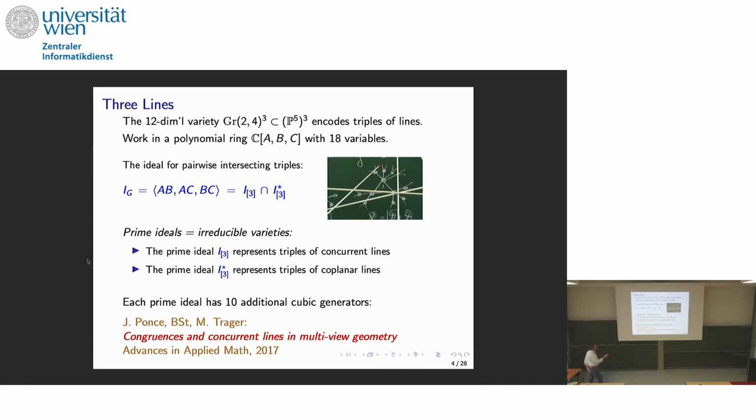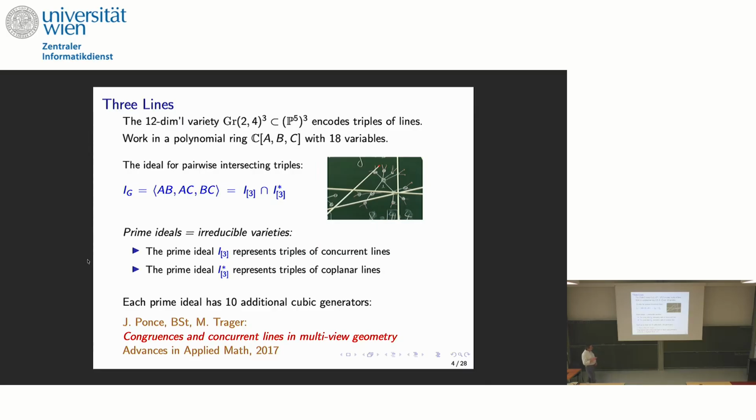But this is easy, you know. You type this into Macaulay2, and you find that this is already not prime, it's radical, and it's the intersection of 2 prime ideals, which I call I3 and I3 dual. So prime ideals represent irreducible varieties, and the first prime ideal represents triples of concurrent lines. So concurrent means that these are lines that go through a common point. I have lines in 3-space, I have 3 of them that go through one and the same point.